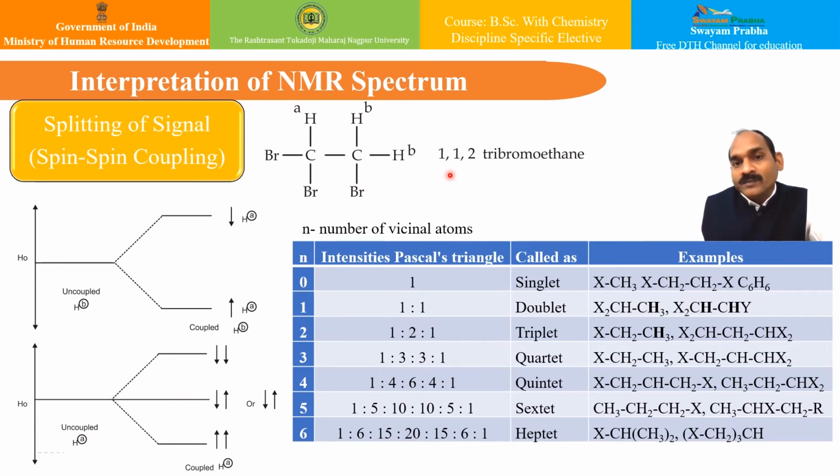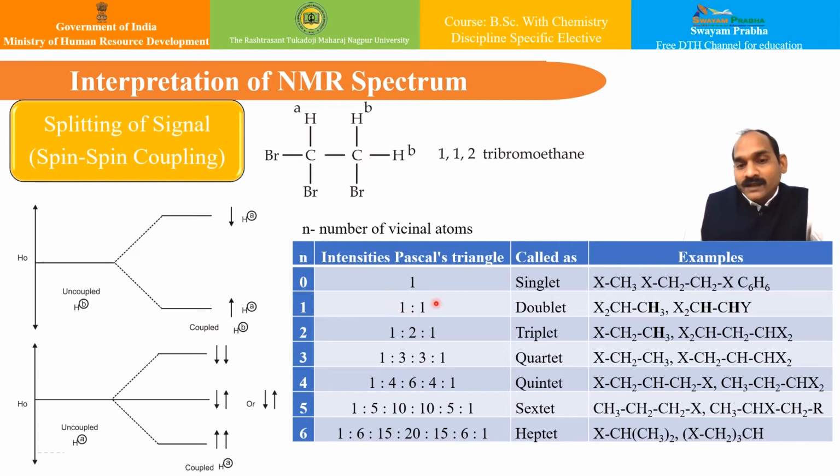When all the couplings to a given proton are the same, regular multiplets are formed. For example, we can call it a singlet. If it is split by a neighboring proton into two peaks, it will be 1:1, that is a doublet.